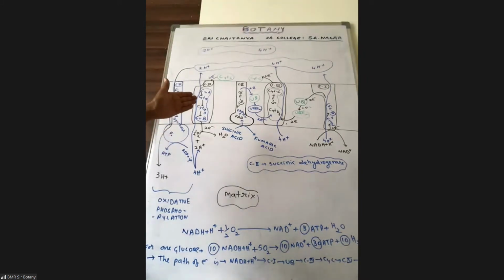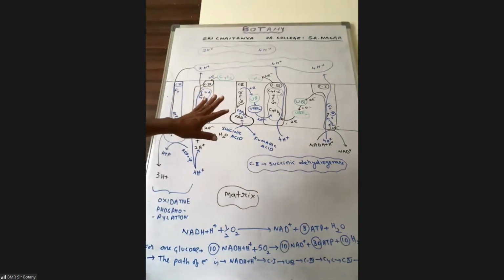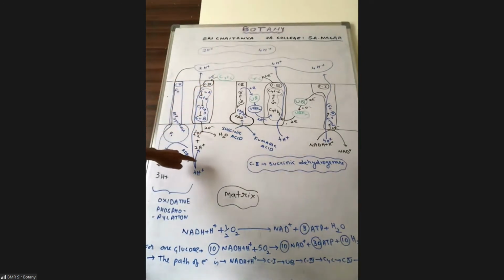Complex 2 alone cannot gather protons. Complex 1 alone could gather 4 protons. So that makes a difference. From complex 3 onwards, it is the same for both. Complex 3 to oxygen, the path is the same. But up to complex 3, is it from NADH? If so, complex 1, ubiquinone. Is it from FADH2? If so, complex 2, ubiquinone. That is the difference.